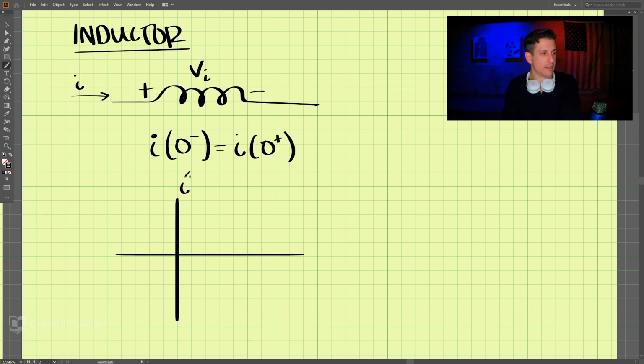If we were to graph this, looking at the current across the inductor, I, versus t, we may have something that looks like this. That is continuous. What we cannot have is something like this.